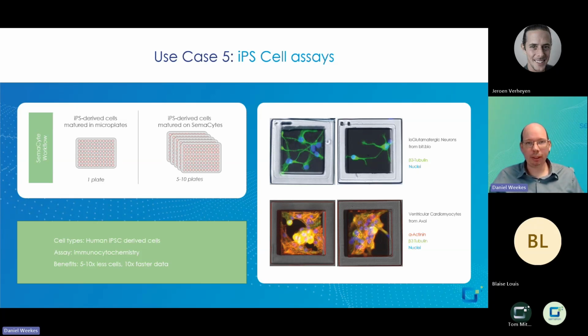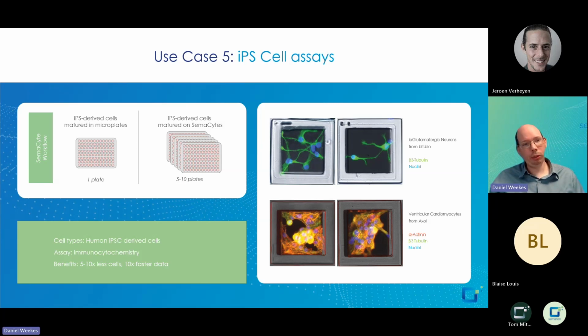For the cardiomyocytes and the neurons we've worked with, you have a 6 to 10 day preparation and recovery time required. We've shown that we can load these BitBio neurons or Axol cardiomyocytes onto SemaCyte microcarriers, and they express the expected markers of the cell type and the expected morphology.